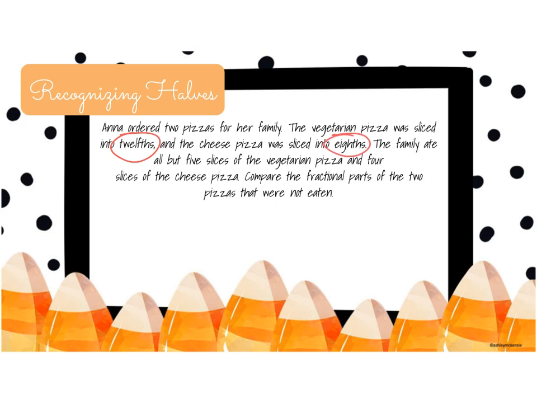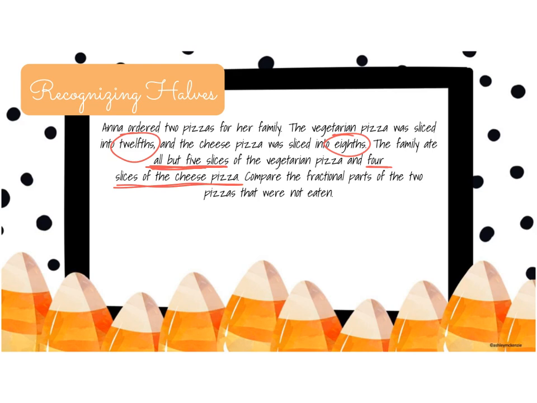The family ate all but 5 slices of the vegetarian pizza and 4 slices of the cheese pizza. We're going to compare the fractional parts of the 2 pizzas that were not eaten.